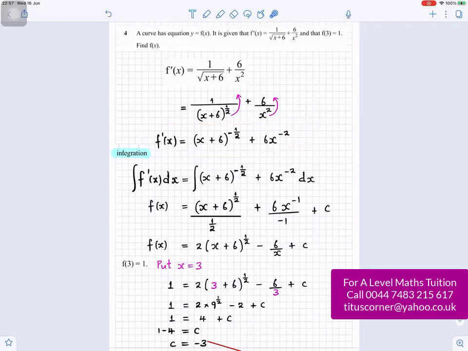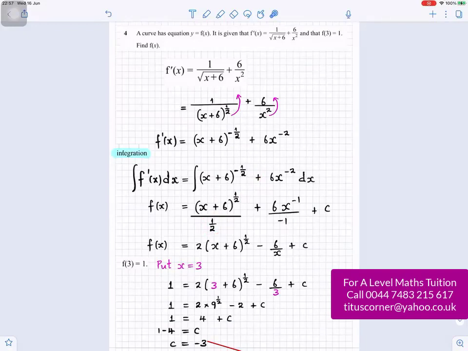Now you can integrate. When you integrate f dash of x, you get f of x. And you integrate the right-hand side. You add 1 to the power: minus a half plus 1 gives you a half. And you divide by that new power, you divide by the half.